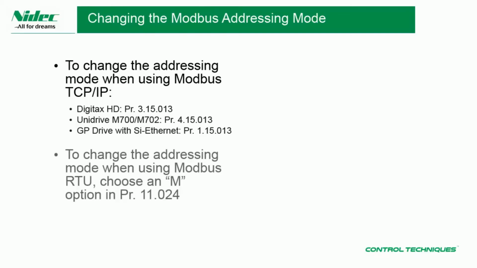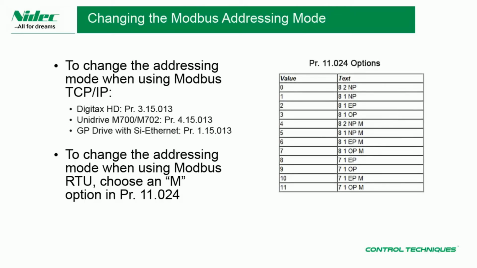The addressing mode may also be changed when using Modbus RTU. To do that, refer to menu 11, parameter 24. The settings that include an M in them, such as values 4 through 7, 10, and 11, are what you would choose to change the mode from standard to modified addressing mode.